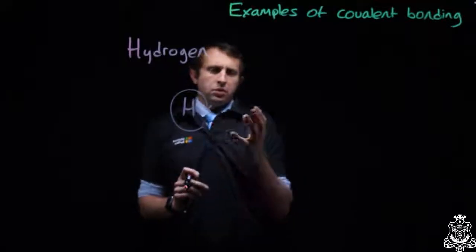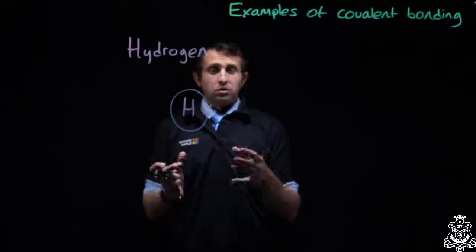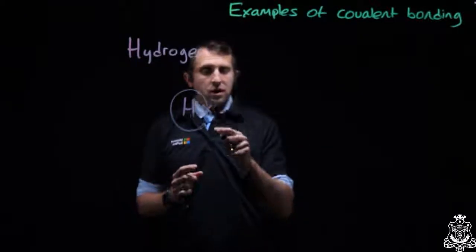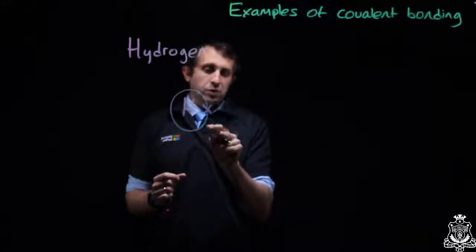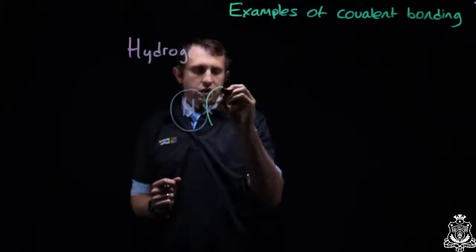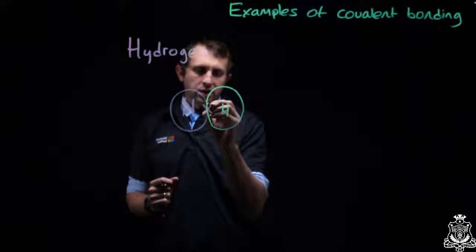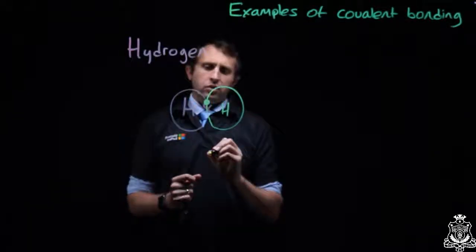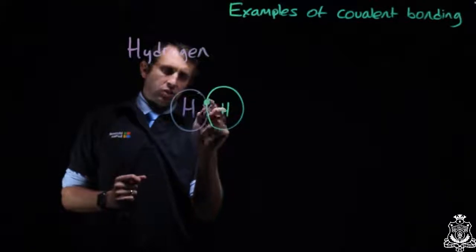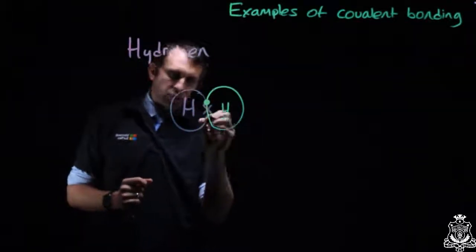Now when hydrogen bonds, it's going to bond to another hydrogen to make a hydrogen molecule, because hydrogen likes to go in pairs, because it wants a full shell. To get a full shell it needs 2 electrons, so it's going to share with another hydrogen atom. So there's another hydrogen atom, there's its electron. Now you can see they are sharing each other's electron, which gives this hydrogen 2 electrons, and this one has 2 electrons.